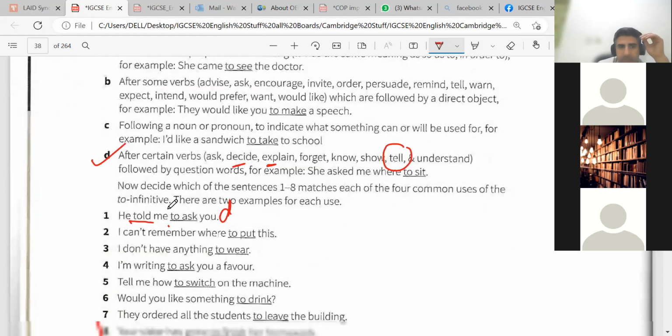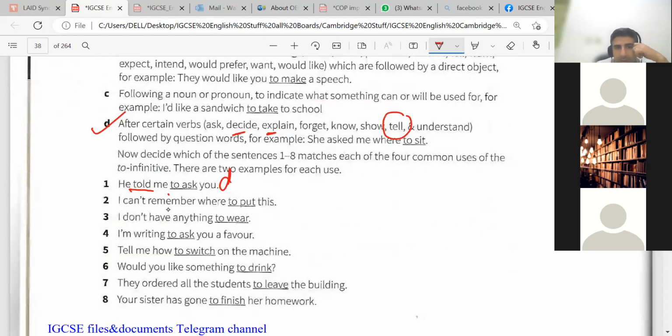Question 2 the same way. I can't remember where to put this. Where to put this? Why here to infinitive? After certain verbs, followed by a question word.